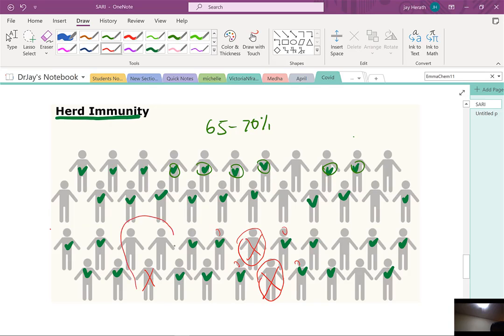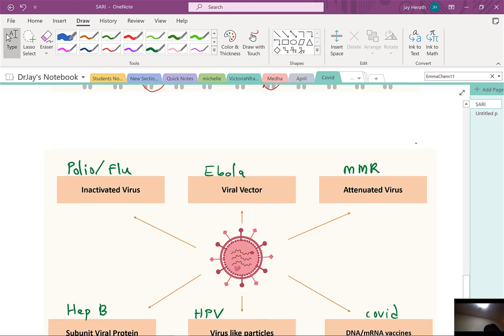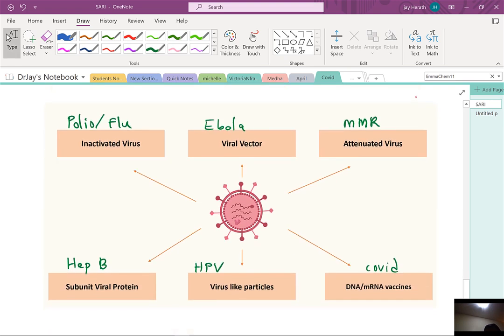Here's the mom and dad, they will get infected too, but not the rest of the population. So what's the good news about herd immunity? We won't run out of hospital beds and facilities, and there will be enough doctors and nurses to treat us, right?